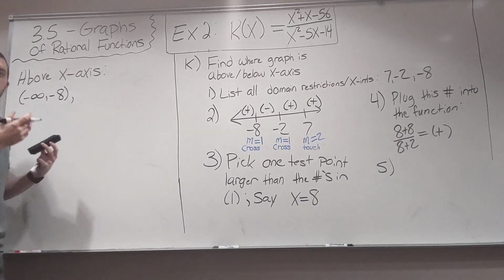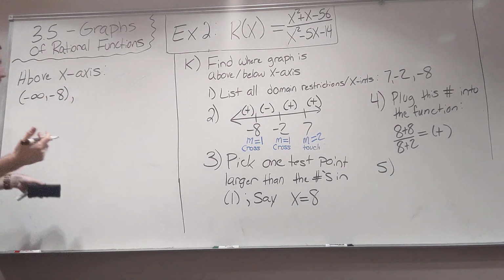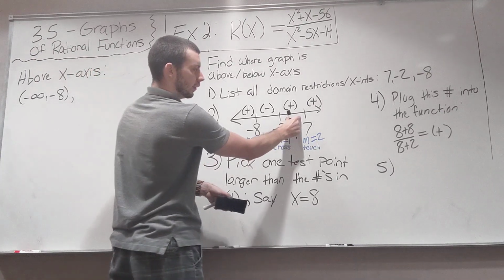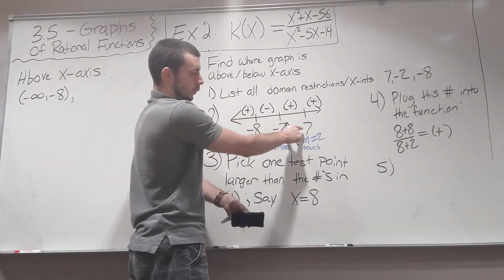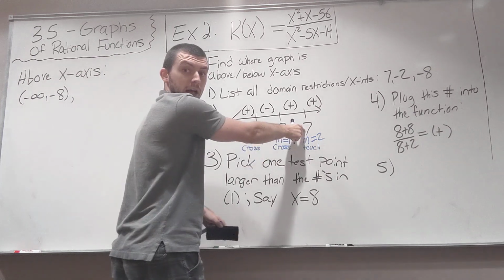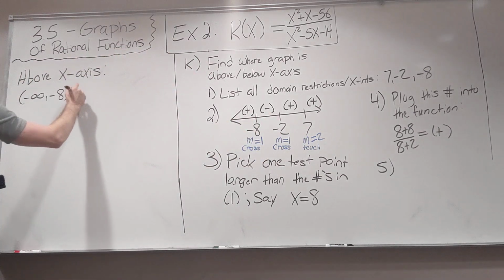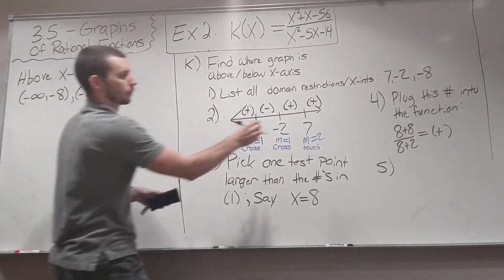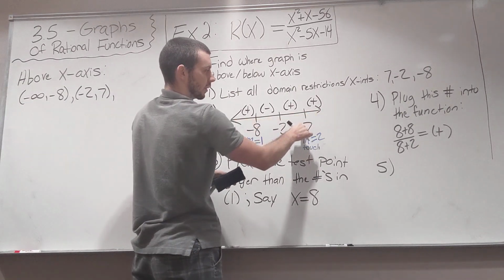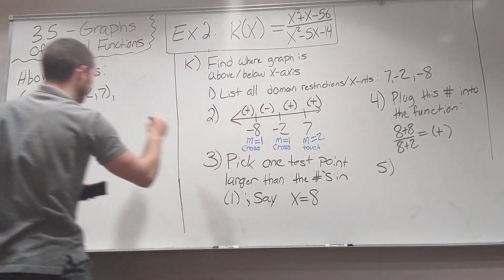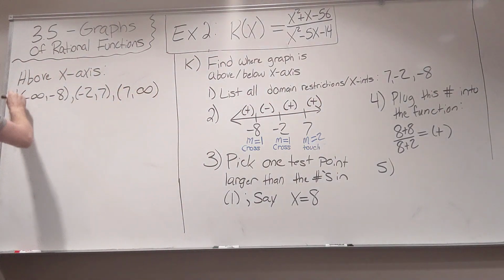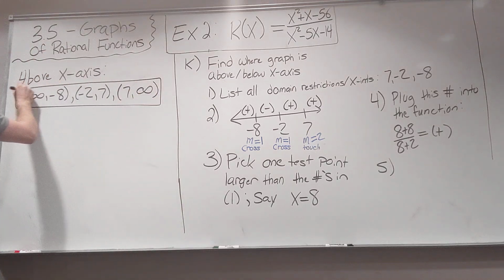And remember, we're using a comma to separate answers. So where else has a positive symbol? This segment, negative 2 to positive 7. And then one more, this segment, which is from 7 on to infinity. So that would be the answer for above the x-axis.